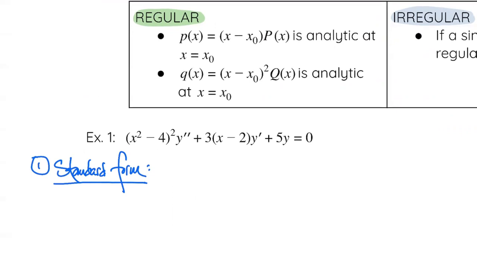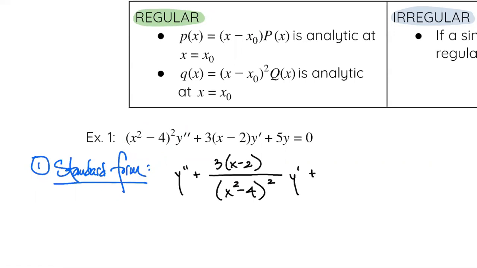So the first thing I'm going to do is divide the entire equation by x squared minus 4 squared. And so we're going to get y double prime plus (3x minus 2) over (x squared minus 4) squared y prime plus 5 over (x squared minus 4) squared y equals 0.